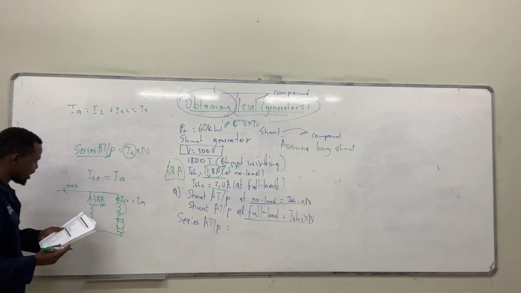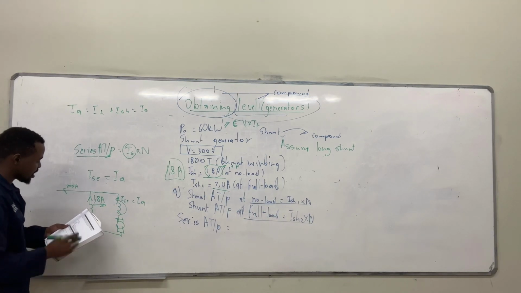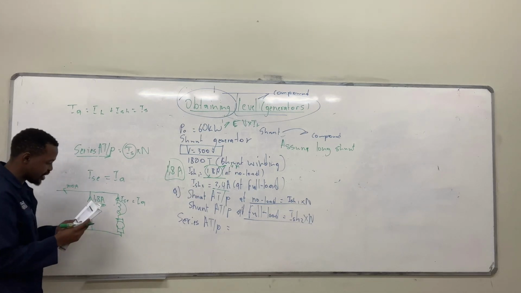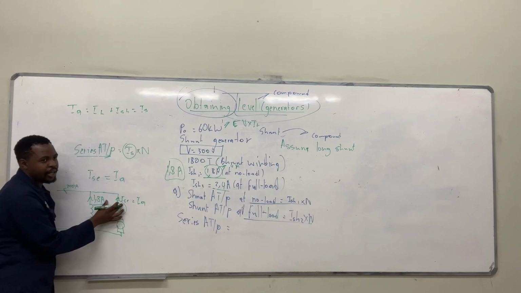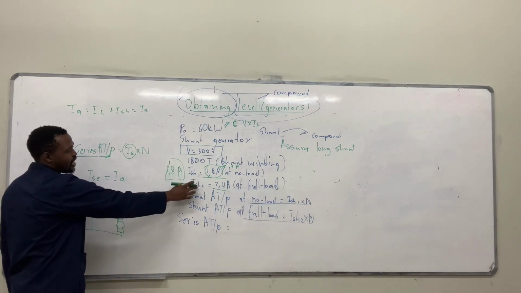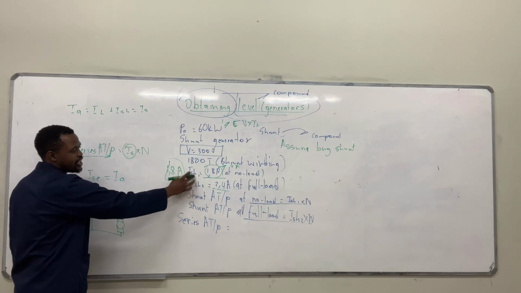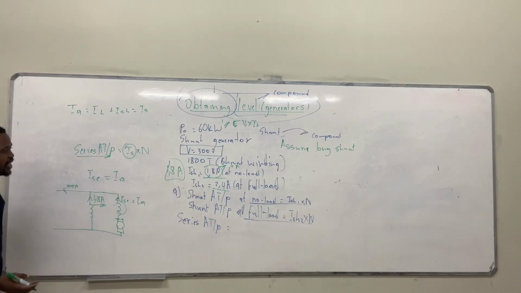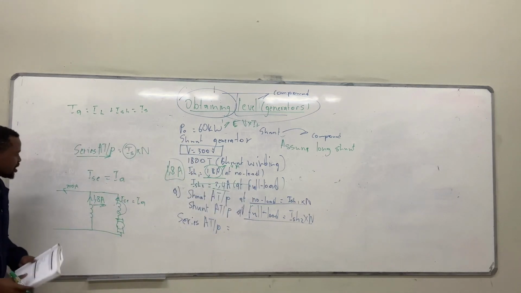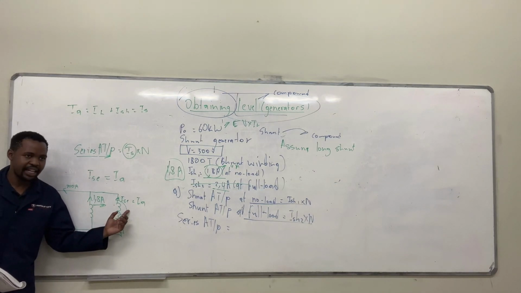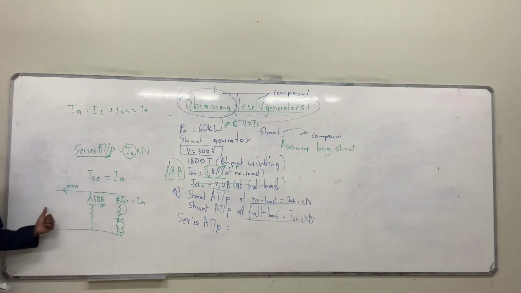We increased the shunt field current to ensure a constant voltage, but now we don't need to increase it, because the series ampere turns are the ones that are now ensuring constant voltage instead of the shunt field current.